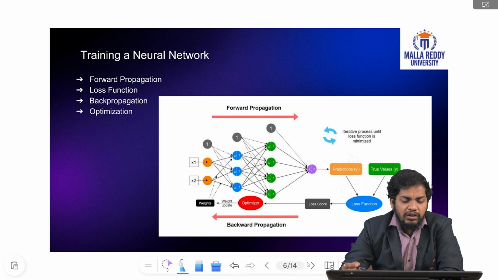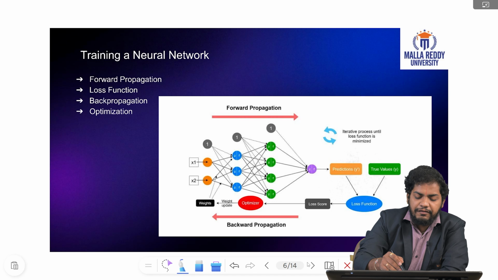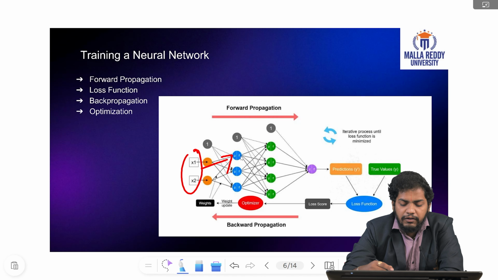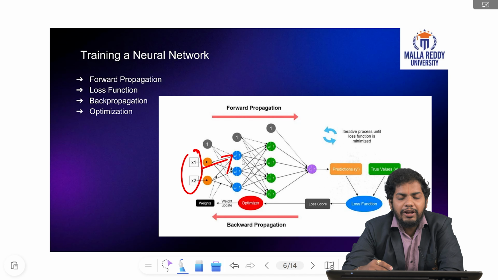Okay. So how we produce this output is through training. We have forward propagation, which takes the inputs and gives them to the neurons, and each neuron will produce an output upon the activation function being enabled, and this is passed to the next hidden layer.